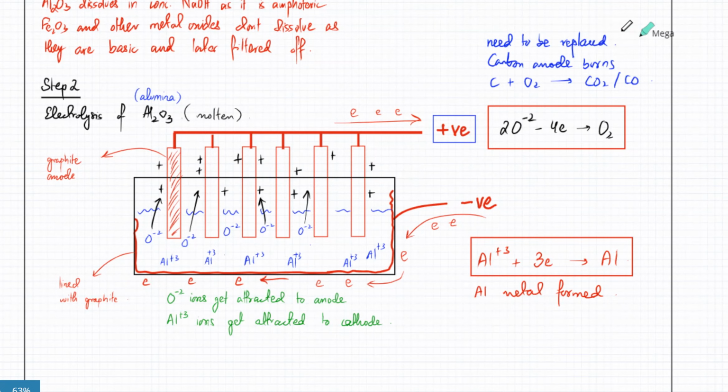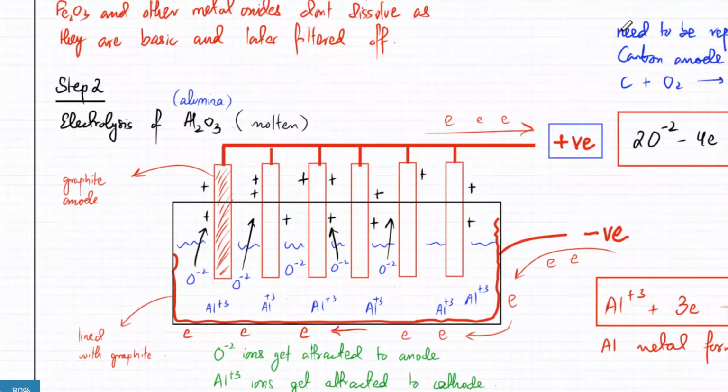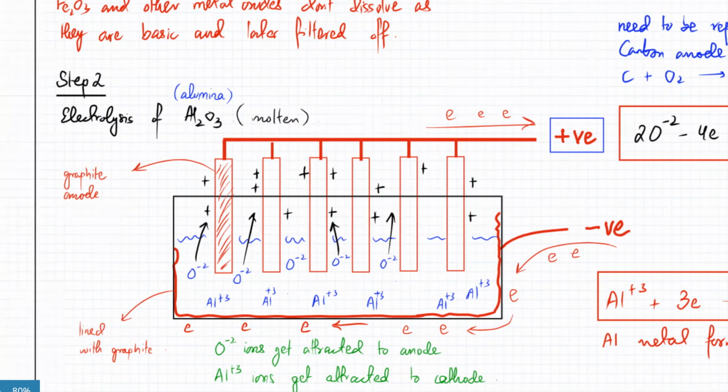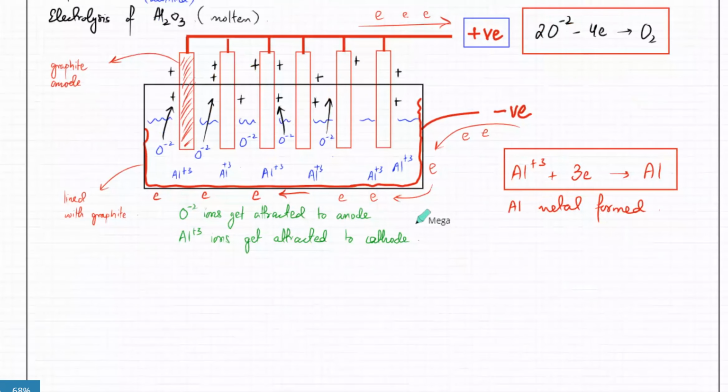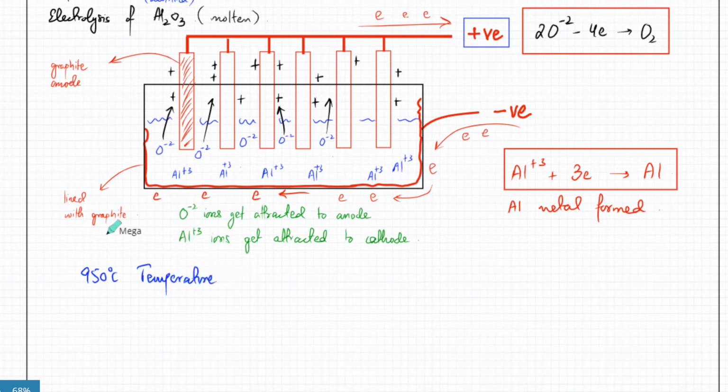Another thing about this is that you have to use molten conditions, because only in the molten state are the ions freely moving around. So to keep this molten, the temperature that's used is 950 degrees centigrade. Why?